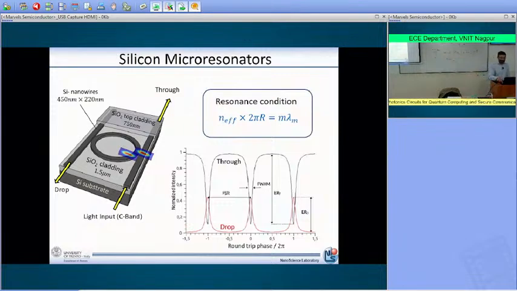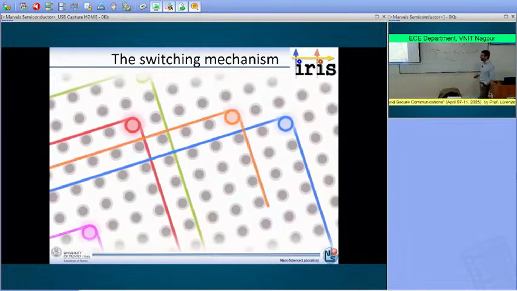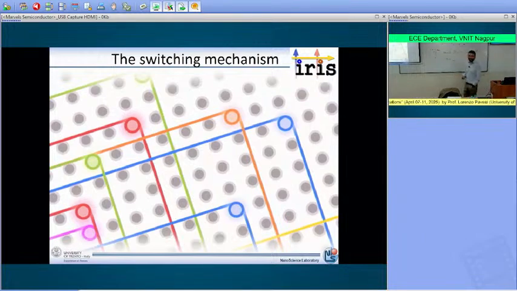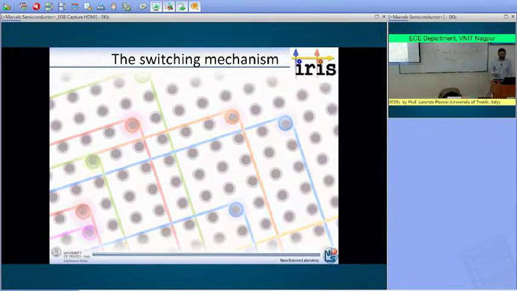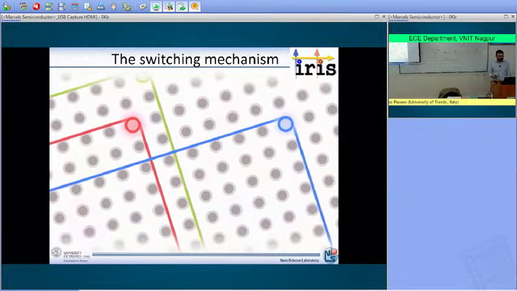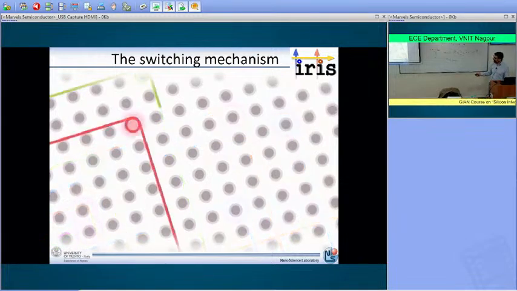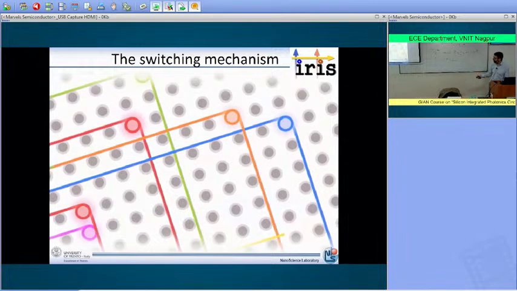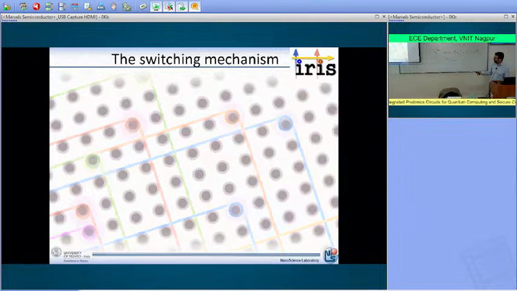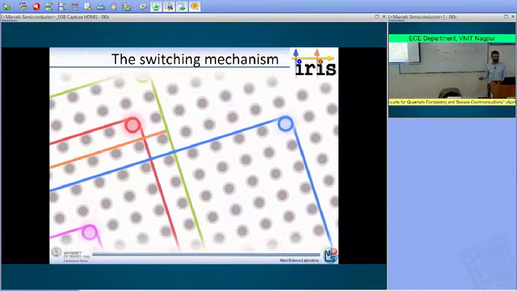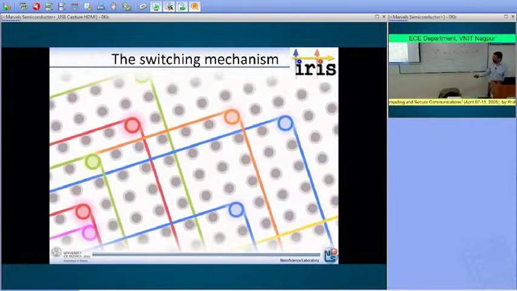Okay? So this switching mechanism can be implemented in a matrix of ring resonators, and depending on the wavelength of the light, depending on the status of the microring resonator, you can decide to have your light signal going through and then switched in this direction, or, depending on the wavelength, switched in this other direction, or, depending on the color of the light, going through without being switched.